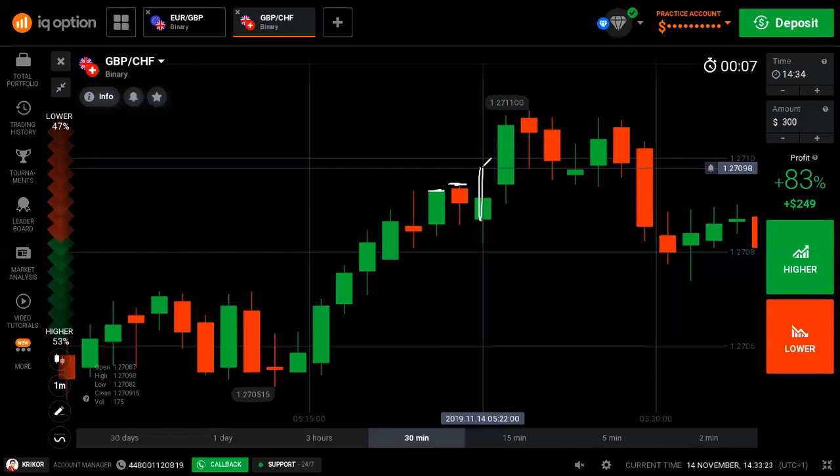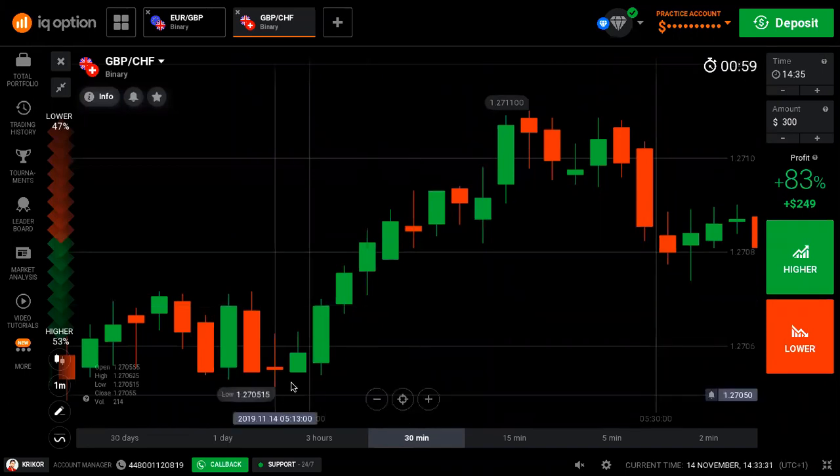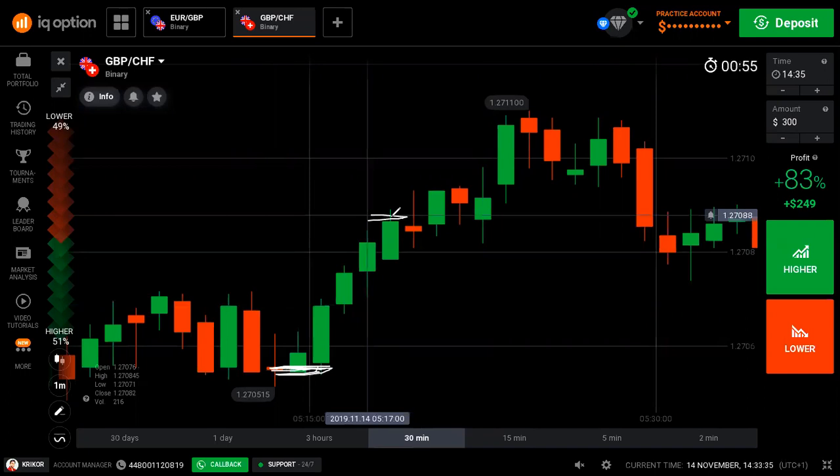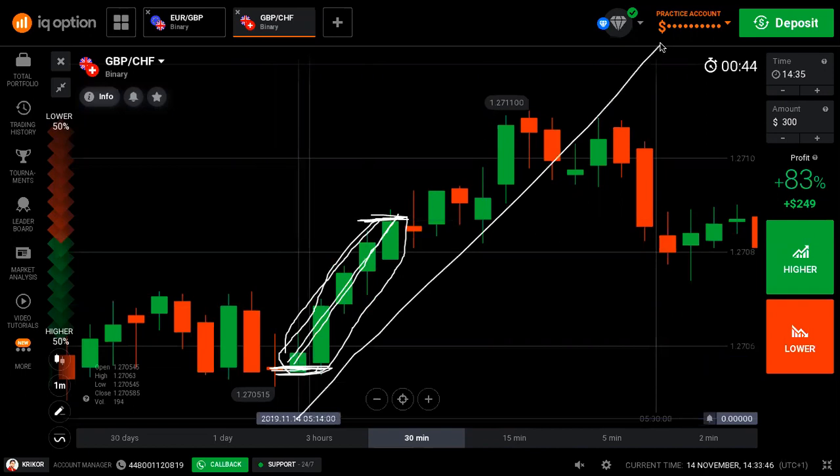Now, this is a very interesting one, because if you enter from this level to this level, this is a momentum trend. This is a bullish momentum, and we know it's an uptrend.